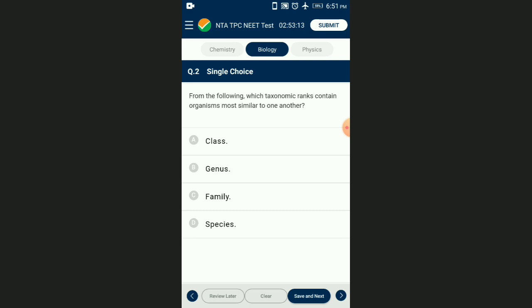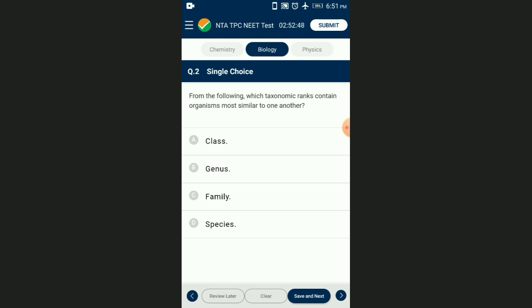Question number 2. From the following, which taxonomic ranks contain organisms most similar to one another? Taxonomic hierarchy is the system of arrangement of taxonomic categories in descending order. It was introduced by Linnaeus in 1751, who initially proposed five categories such as class, order, genus, species, and variety.